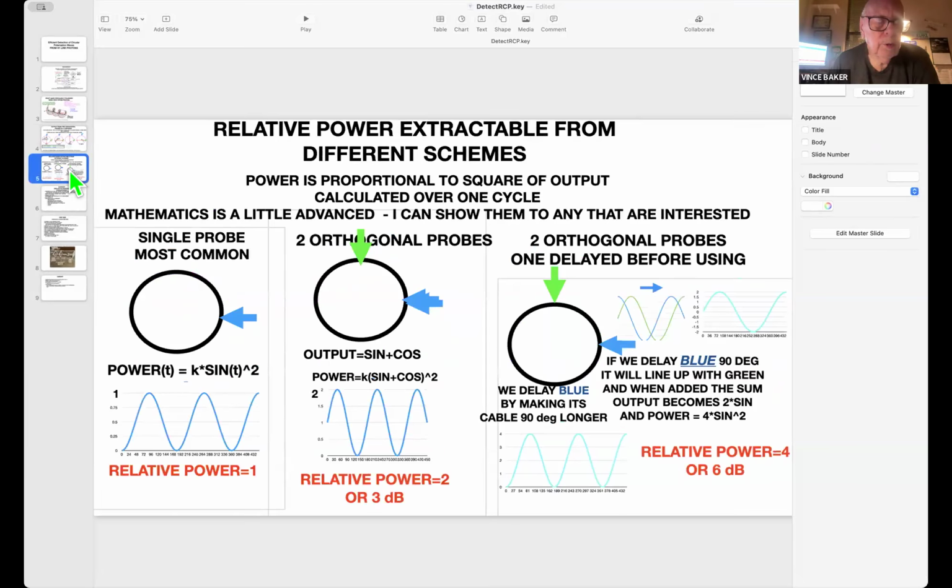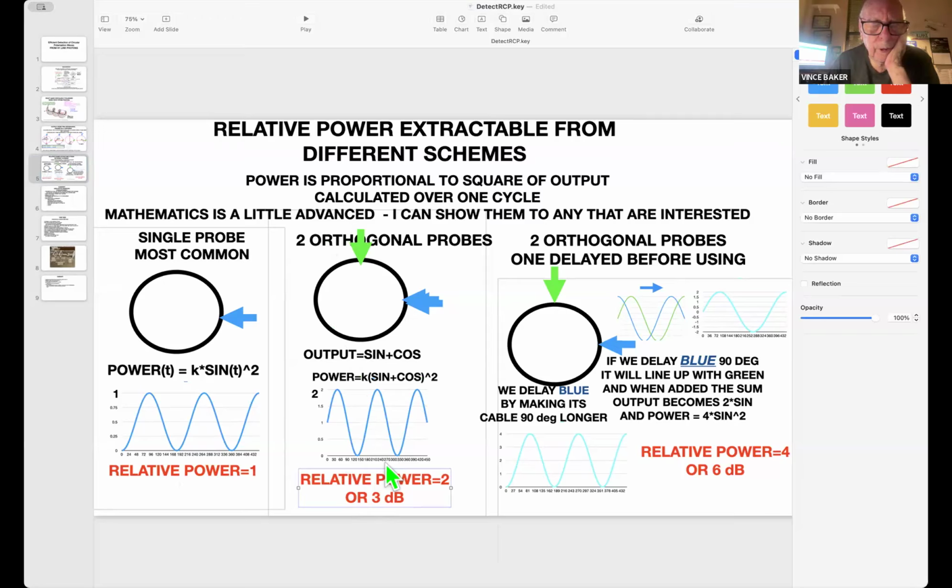Here's your power and your relative power. This is how it looks: up, down, up, down. The relative power is 3 dB.